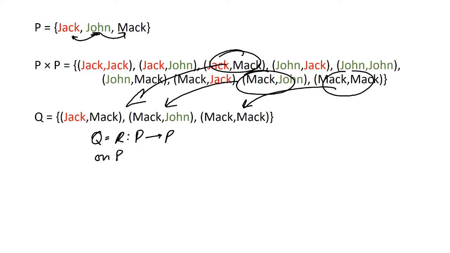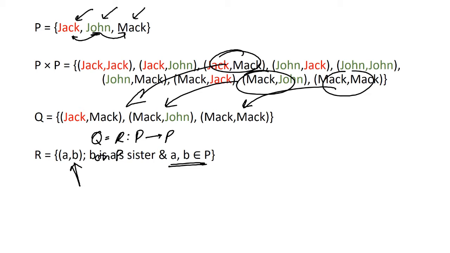Now let me define another relation on set P, R = {(a, b) : b is a's sister, and a and b are elements of P}. There is no girl in the given set, which means this R has to be an empty set. There will not be any ordered pair in it, or we can also say R = φ.